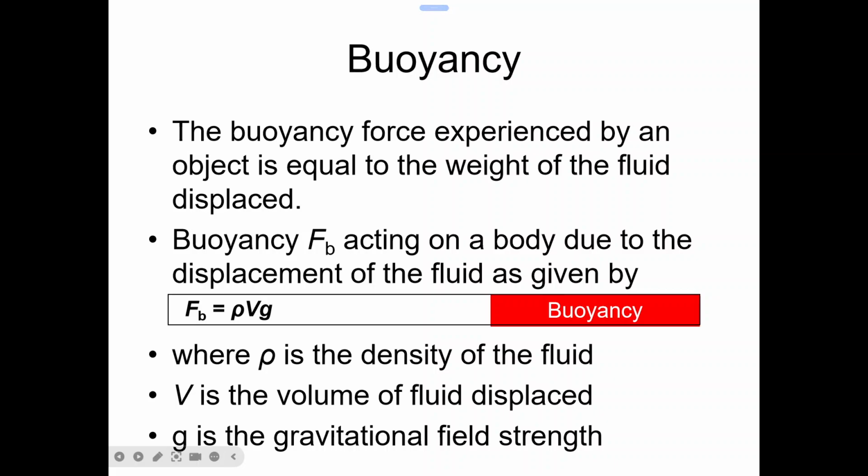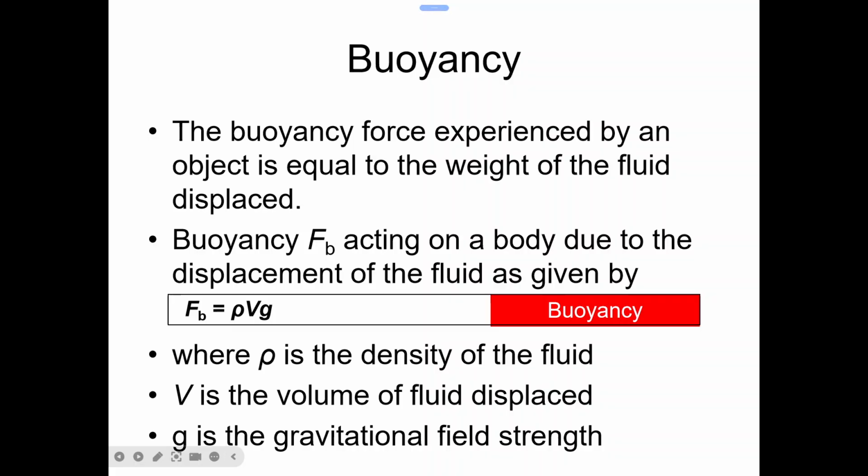Now let's calculate the water being displaced. How much water has been displaced? 50 milliliters. This much water, how much is its weight? Let's think about the density of water. 1 gram per milliliter, right?